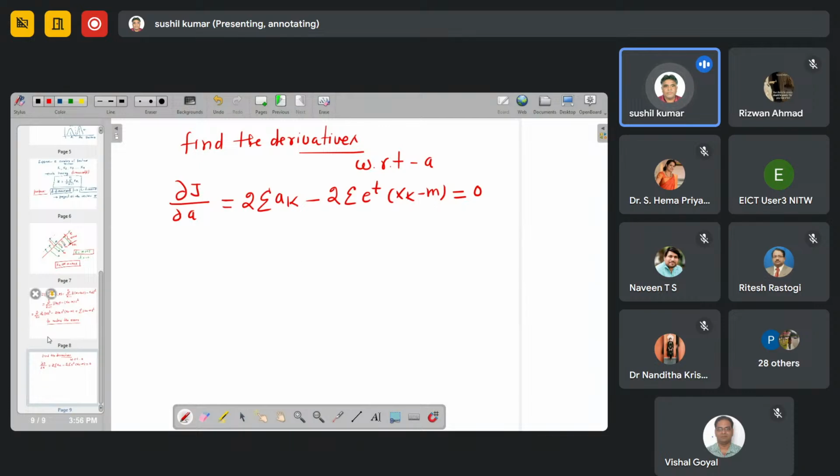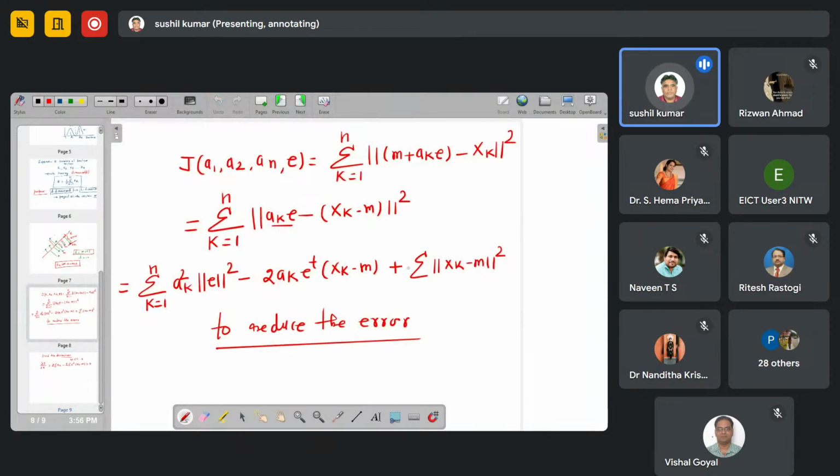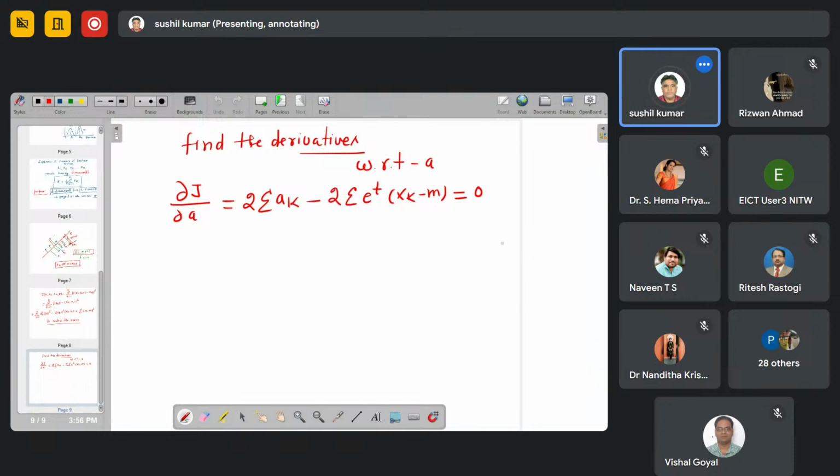In (x_k minus m) there is no a value, so that will be 0. From here you will get a_k equal to e transpose (x_k minus m). This particular value will be given to you.